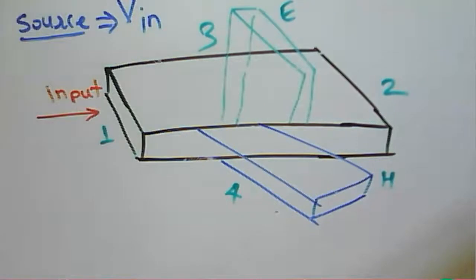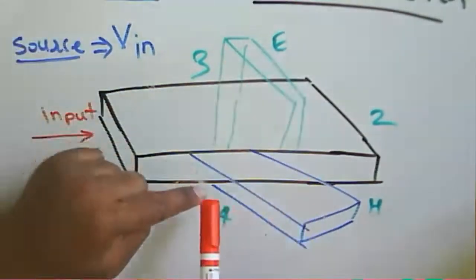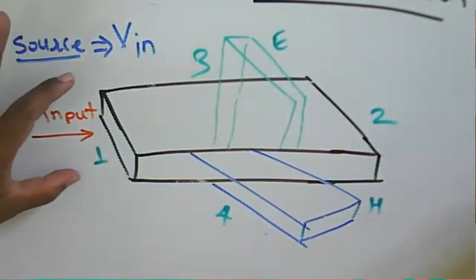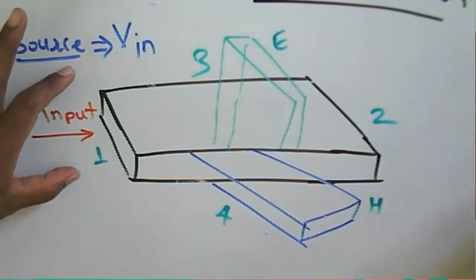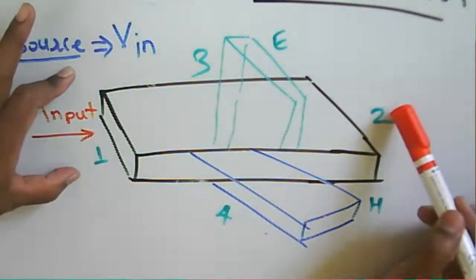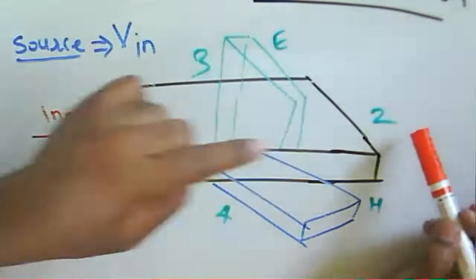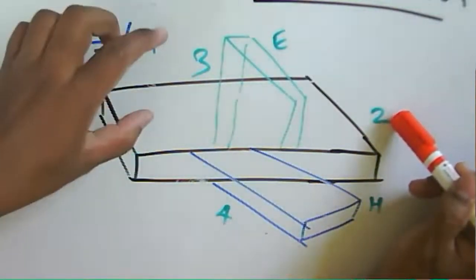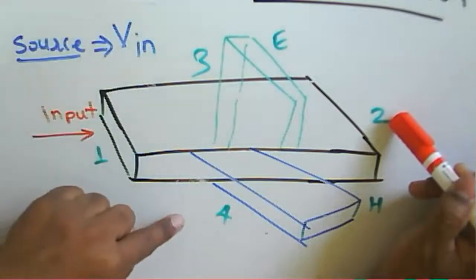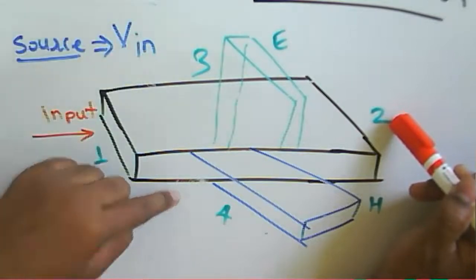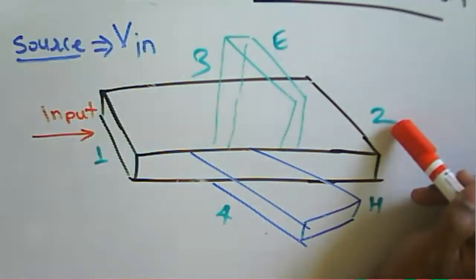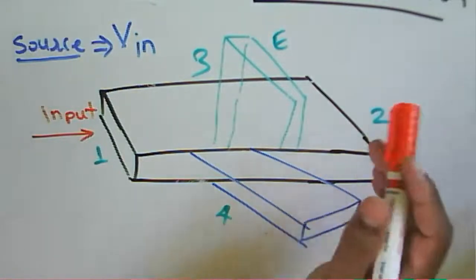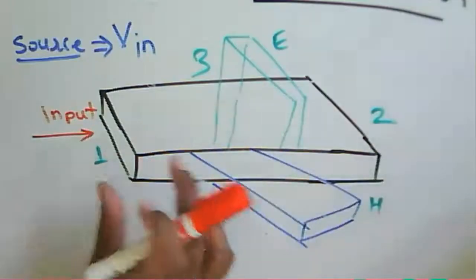Then we need to measure the output at all the other ports. Suppose I am giving the input to port 1 and I want to measure the output at port 2. In that case, we need to connect the detector at port 2, and port 3 and port 4 must be matched. That's why we measure the ratio of voltages using the input and output here.